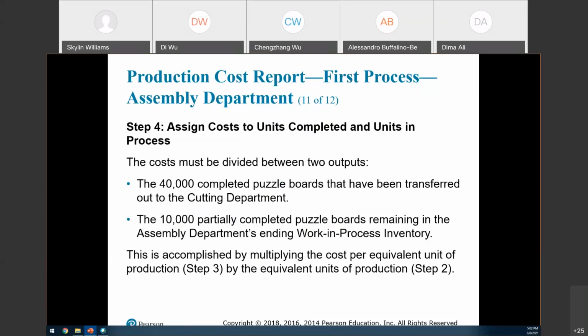And the second part, as I said, we need to calculate the units still in process, or the partially completed units remaining in the first department's ending WIP inventory account.